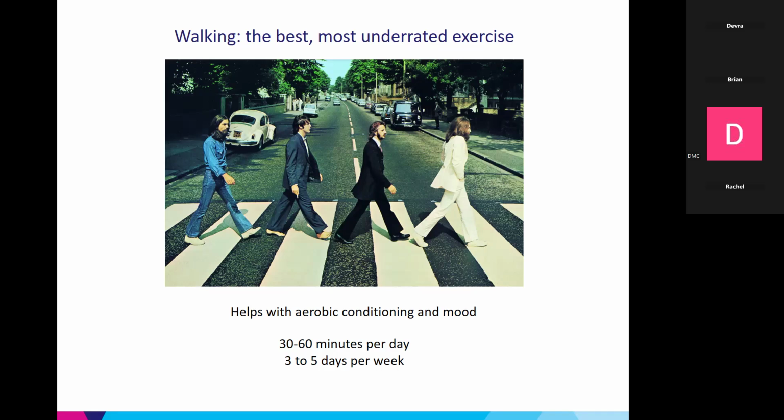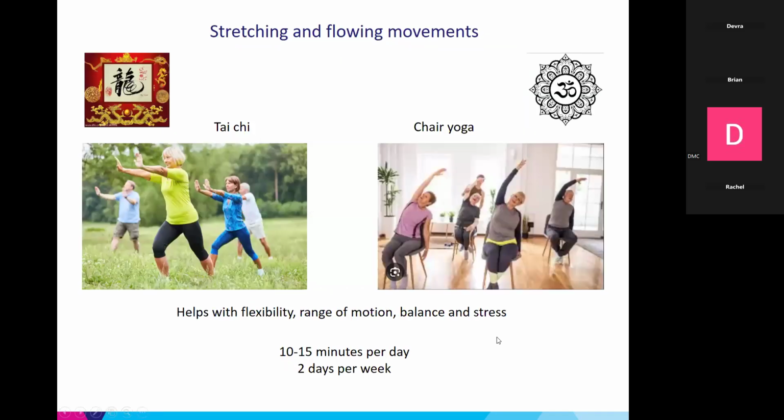So I think the goal is to try to get into a virtuous cycle of medicines helping relieve pain sufficiently that one can then undertake these other options, stretching and flowing movements. So these are traditional exercises that come to us. They're thousands of years old, so there must be something to it.